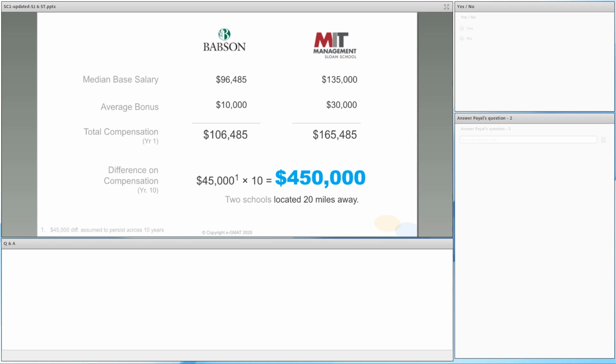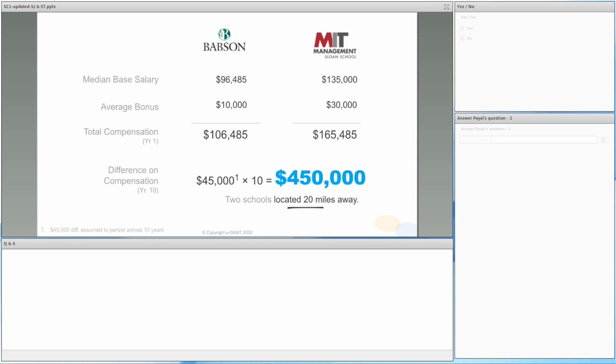If you do the math and consider that on average you get somewhere around $45,000 every year, because you don't get a bonus every year, and let's also extrapolate this linearly and scale that up, what you can see is that the difference over here is somewhere around $450,000, almost around $500,000, and that is for schools which are located only 20 miles away from each other, right?